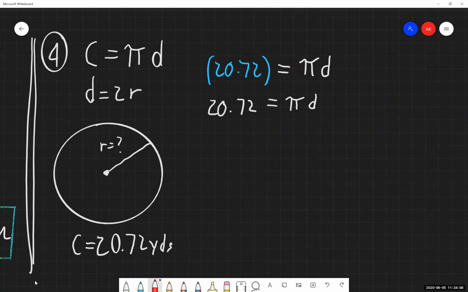Our original equation does not include the radius, it includes the diameter. So we're going to solve for the diameter, and then we're going to cut that diameter in half and solve for the radius. So we're doing this in parts, breaking this down piece by piece. Just like our previous example, we're solving for the diameter, so I'm dividing both sides by pi.